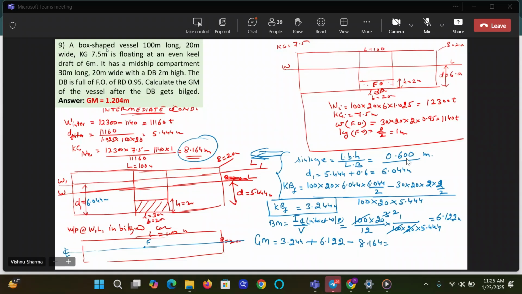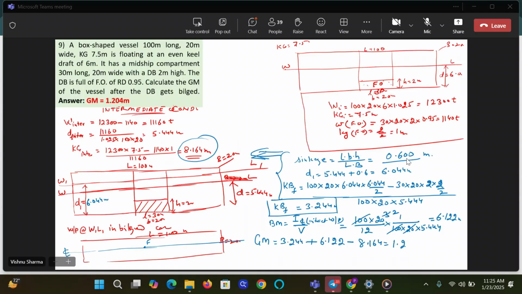Don't miss out, don't make a mistake. And it should come, whatever is the answer, 1.204 meters. Whatever is the GM for the intermediate condition after bilging, the same will be the GM for the question that we started with, because we have already discussed the reason for it.